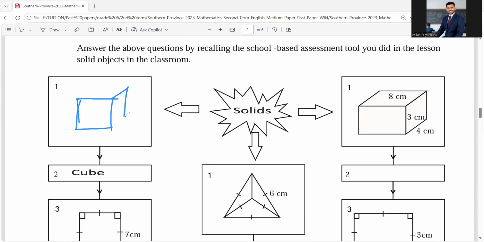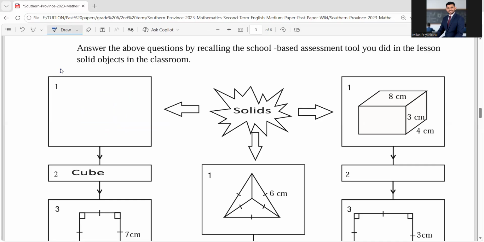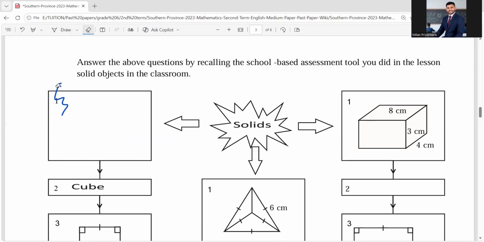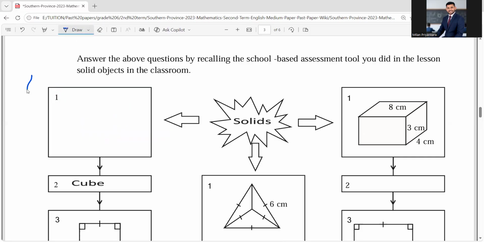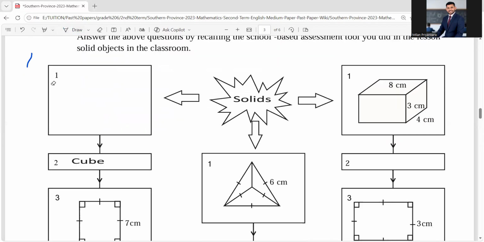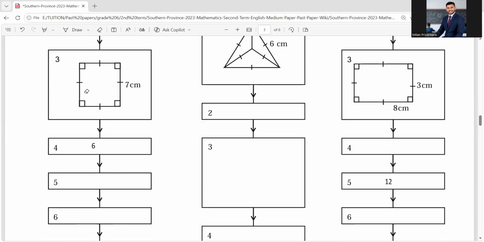You can use your ruler and pencil, just like that, right? Okay. Right. Cube. This is the face.